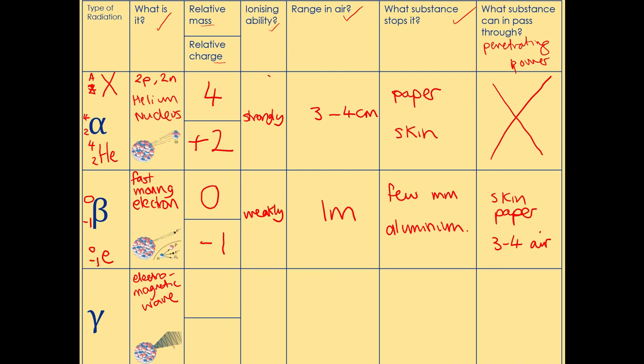That means it's pure energy. Gamma does not have any charge and it does not have any mass. So if you were going to write gamma in Edexcel notation, it would be 0, 0. So we don't actually write that, we just literally write gamma. Because it doesn't have any effect on the AZ notation, there is no decay equation for gamma. You only need to worry about that for alpha and for beta.